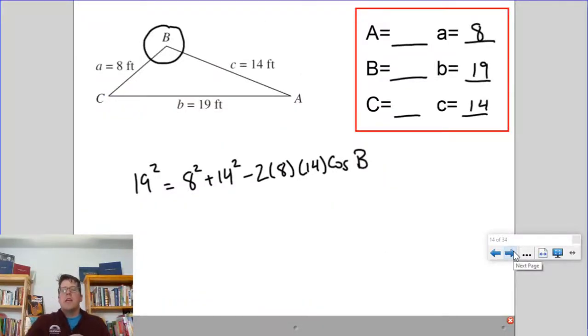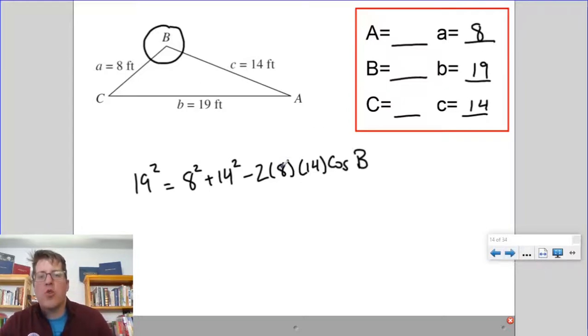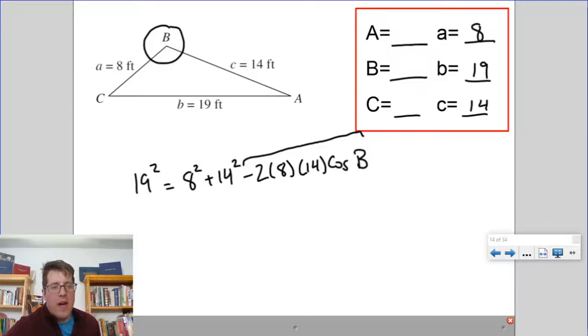Now, one thing that I want to make sure you're aware of is that this right here is all connected. So you can't just multiply this out. If you were to multiply that out, you would get 16 times 14, which is negative 224 when you consider the negative sign.